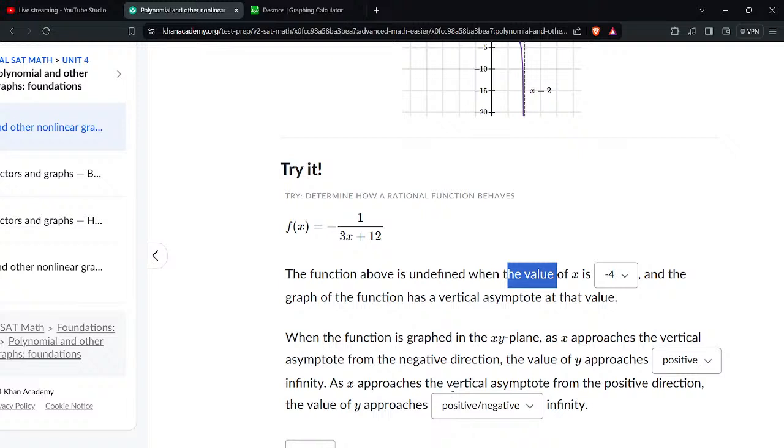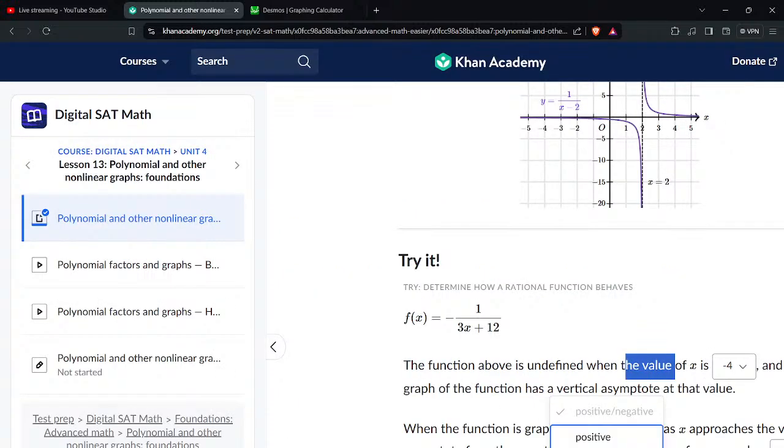Here was the positive direction. So it's minus 4, right? Sorry, minus 3.99. Negative infinity.